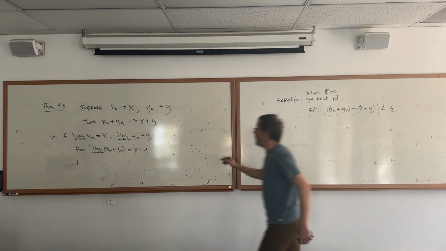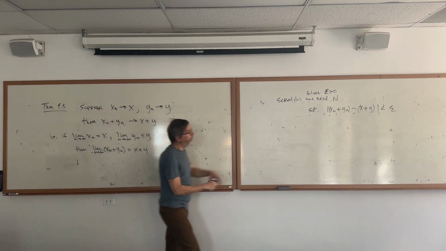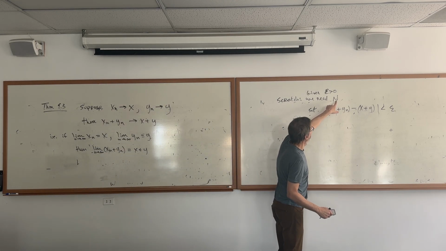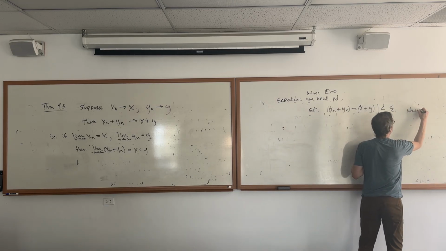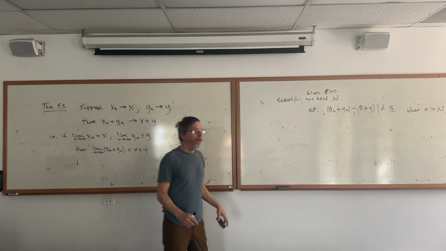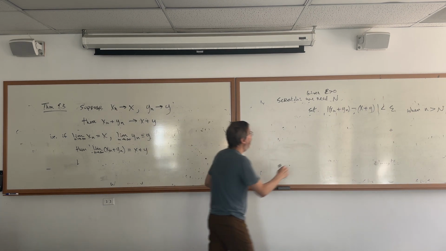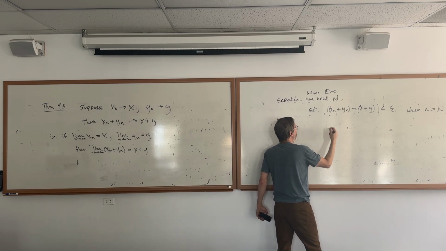So to show this, I pick an arbitrary epsilon, and I show that no matter what that epsilon is, I can produce an n, so that this happens when little n is past that point. So now let's take a look at this. Again, this is scratch. I'm kind of working backwards, really, in the end.